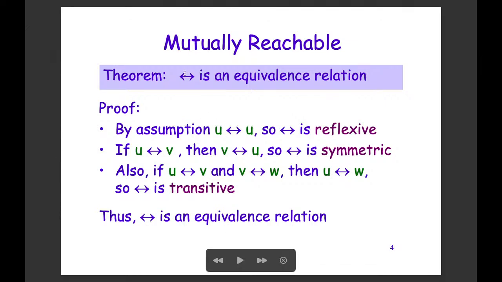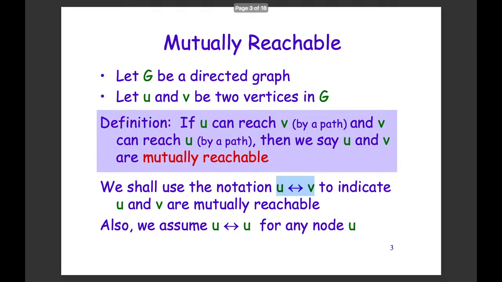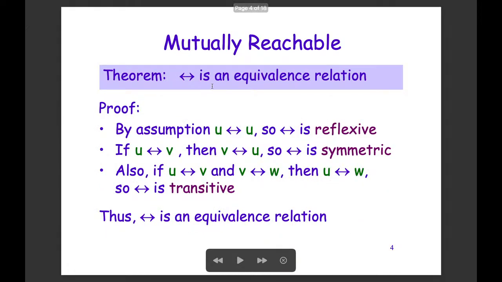If you still recall something you have learned in discrete mathematics, we have talked about relations. This is a certain kind of relation between two vertices, right? Given a relation, it may have some extra properties if it satisfies certain conditions.